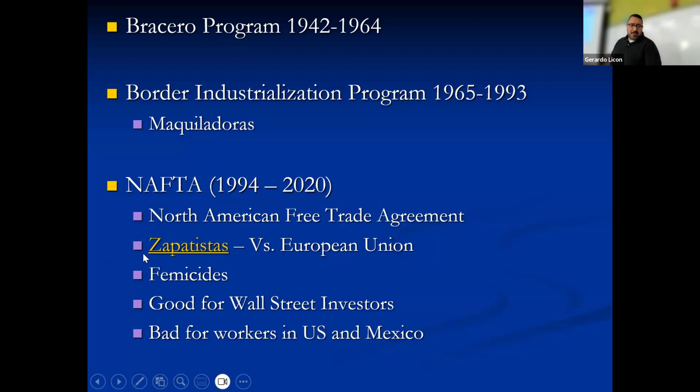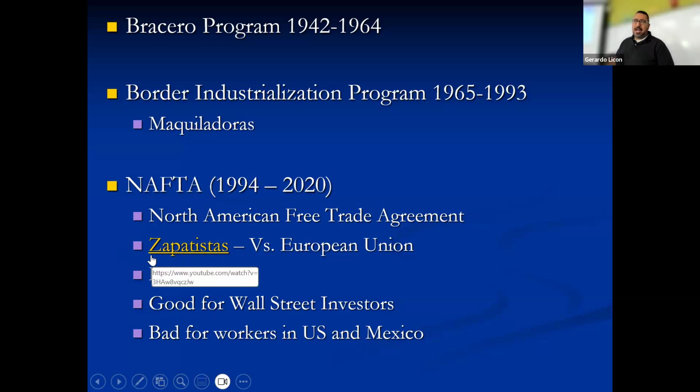Now, in Mexico, there was a group called the Zapatistas. These were Mayan people who named themselves after the Mexican revolutionary general from over 100 years ago, from the 1910s, because they were indigenous people.